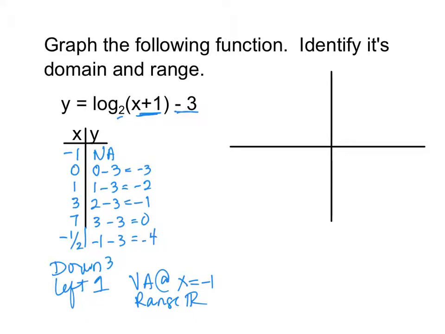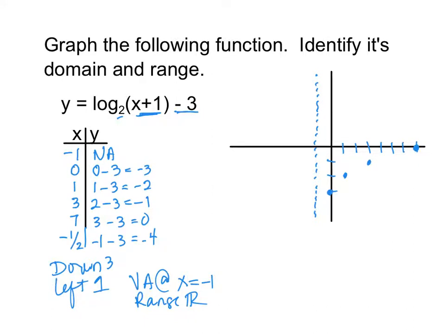Now I have some points that I can plot. I'm going to go ahead and put in my vertical asymptote at -1. Then I'm going to plot (0, -3). Okay, I'll plot (1, -2), (3, -1), and then (7, 0). And there I can see I know what I'm looking for.